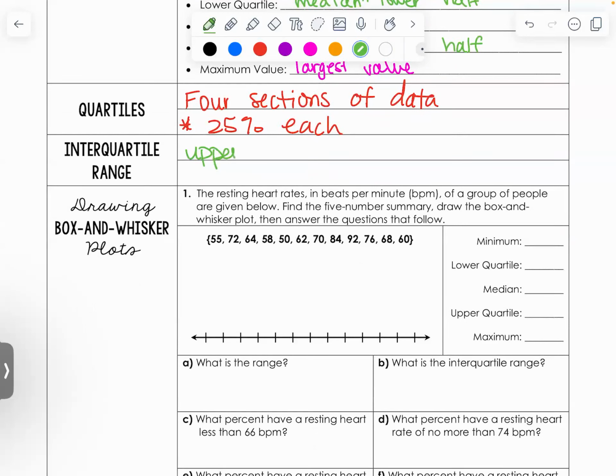It is the upper quartile minus the lower quartile. That is the interquartile range. It's giving us where is the middle half of our data. It's the range of the middle part of our data.